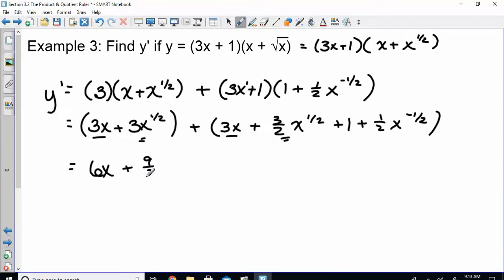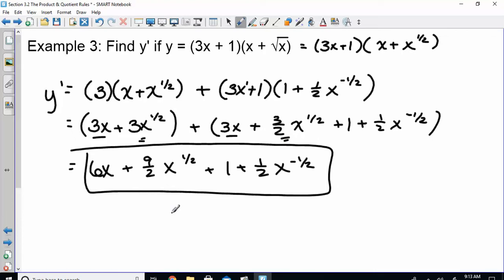So 3 is like 6 over 2 plus 3 over 2 is 9 over 2. So good.